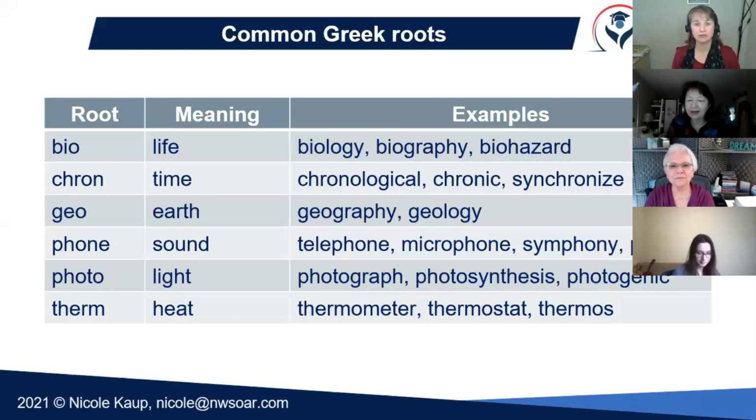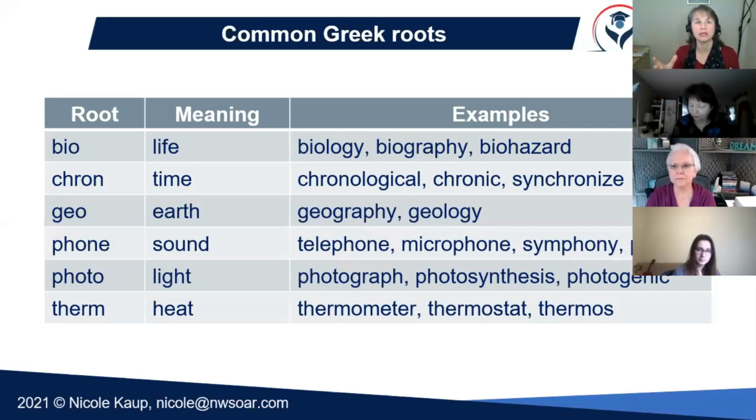Yes. Okay. So I want to take a look at some common Greek roots. So you'll notice bio refers to life. So biology is the study of life. Biography, graph refers to writing.